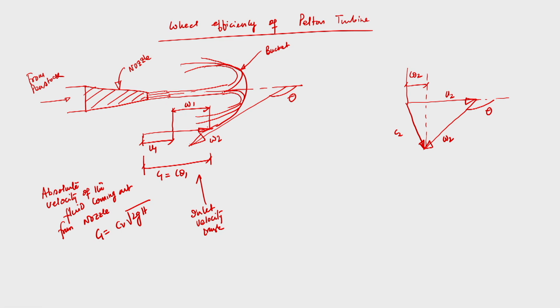Here U2 is equal to U1, which is equal to U, the bucket speed, equal to pi d n by 60, where d is the pitch circle diameter.